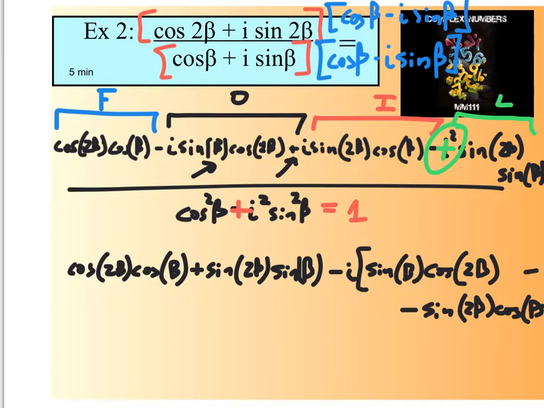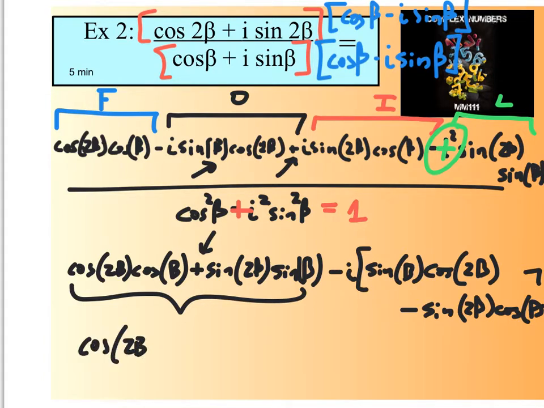Now we're going to do a little simplifying here. This right here is the cosine formula, and because I have a plus in between, that is the cosine of the first angle minus the second angle, which would be cosine of beta.